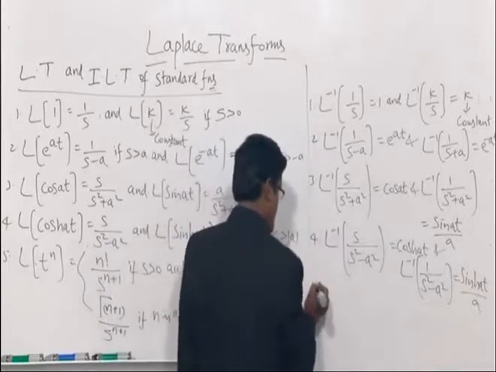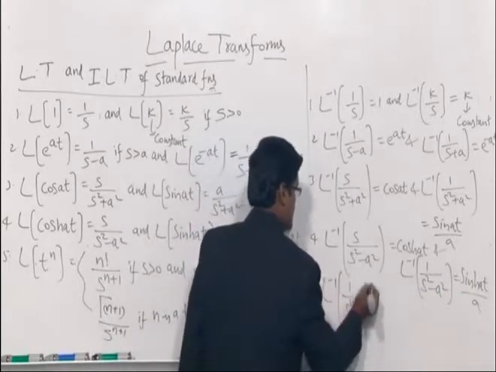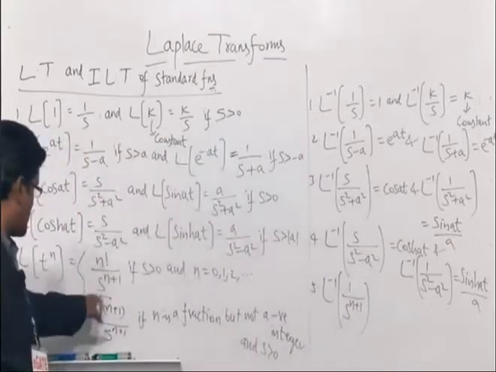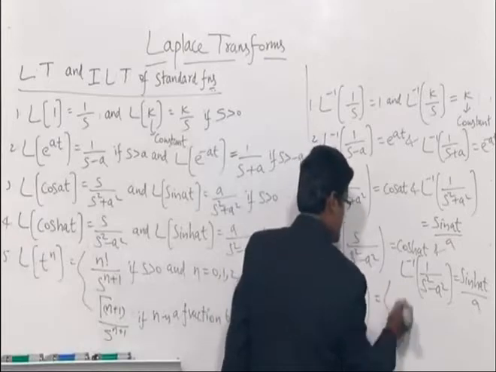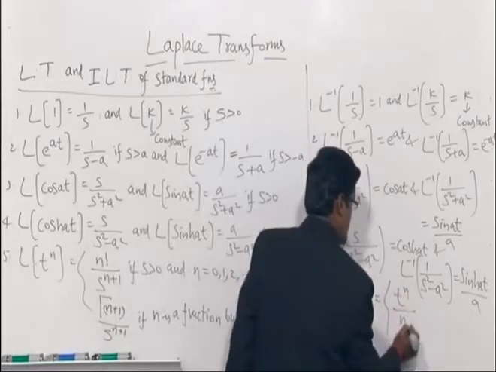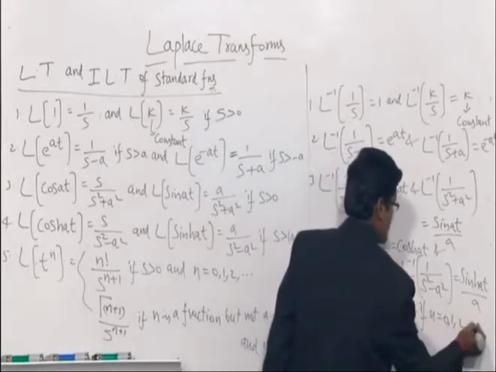Last one, L inverse 1 over s power n plus 1. Send that constant to the other side. So two cases: t power n over n factorial if n is a whole number, 0 with natural numbers.